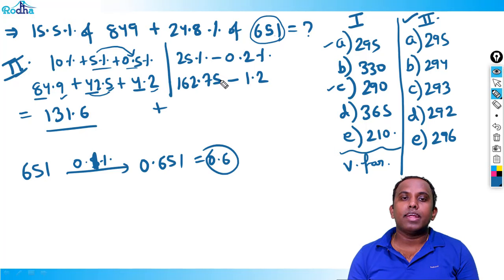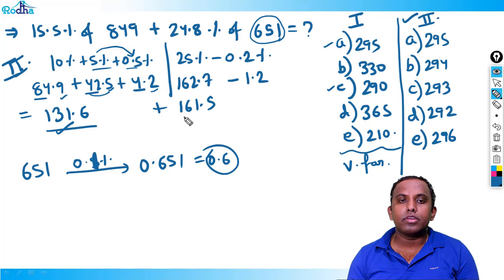Just consider one place of decimal, so you can take 162.7. Now, 162.7 minus 1.2 becomes 161.5. Very easy. If you add it, you get 131.6 plus 161.5. It is 131 plus 161, 292. 292 plus 1.1 is 293.1.